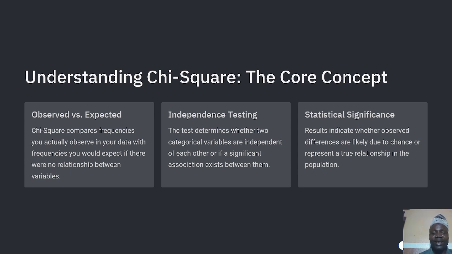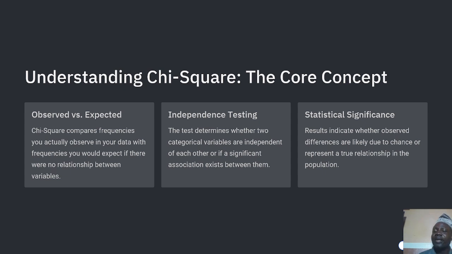The next thing is that it can also give us independence testing, whether there may be a variable association between them. For instance, if we have religion of parents and their preference for school type, the religion is also categorical, and the school type that they prefer is also categorical.